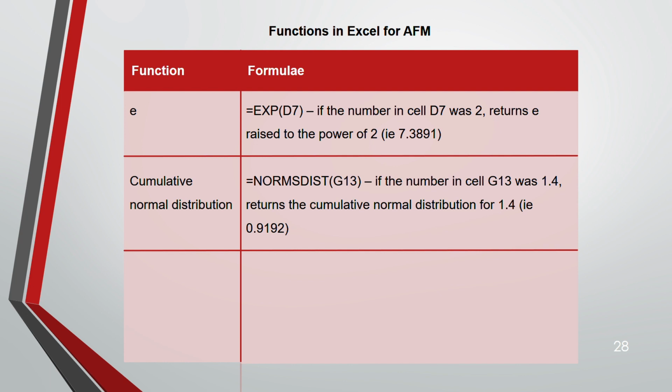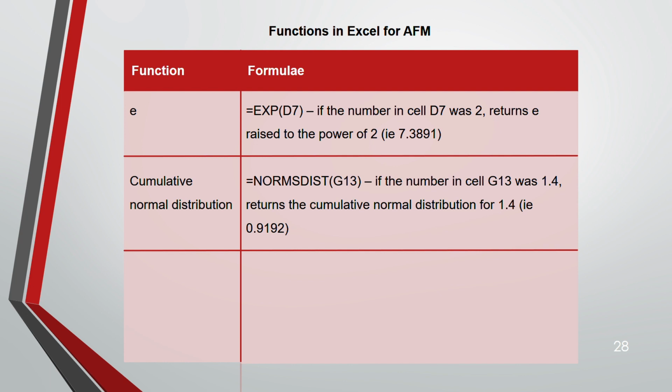Make sure you know the correct spelling. For E it will be equal to EXP. Let's say you click one cell, and the number in that cell was 1.4. So it will take the normal distribution of 1.4.